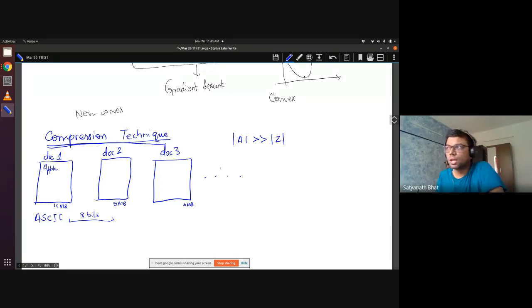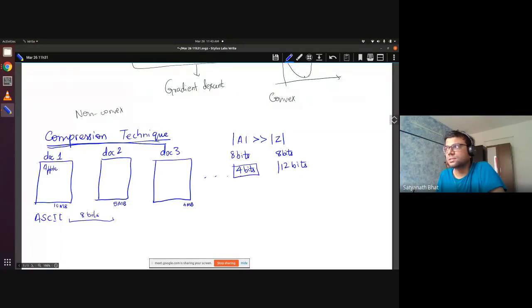So now, instead of using 8 bits for both of them, I will use just 4 bits for A, and I will use 12 bits for Z. For only these two, for A I will use 4 bits, for Z I will use 12 bits. Is that understood, what I am doing here?